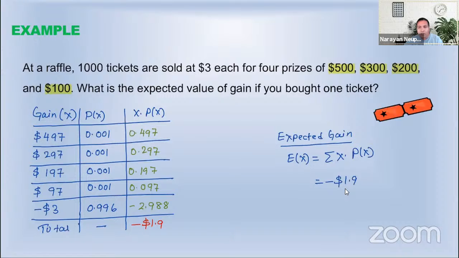Okay. In general, there is a loss. So that means if you just buy one ticket out of 1,000, there is less chance of gaining, but more chance of losing. That is the meaning of that. So this is the real world application of the discrete probability distribution that we explored today. Is this example clear to everybody in the class?